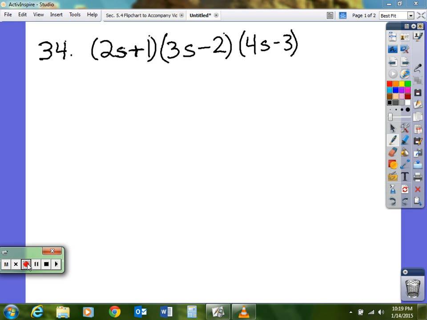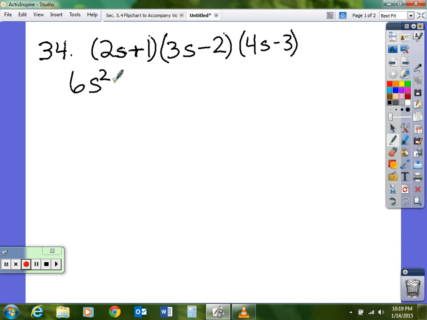It has three sets of parentheses. What we must do is multiply the first two together. Once we get that answer in simplified form, then we will multiply by the third parenthesis. So let us start with FOIL on the first two. 2s times 3s is 6s squared.